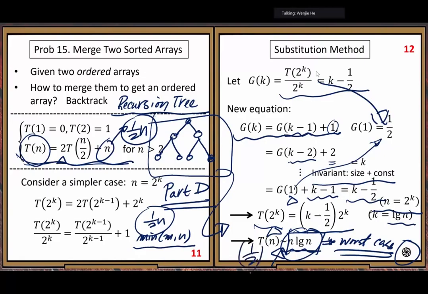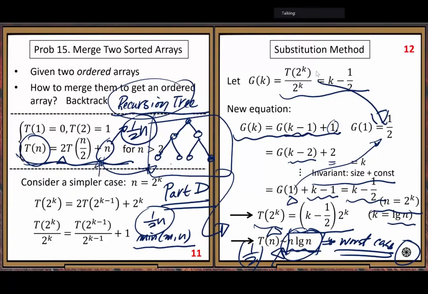Why 1/2? Because later when we use the recursion tree method, that 1/2 is carried over everywhere. So when you calculate the total recursion cost, the difference is only that you multiply by that 1/2.